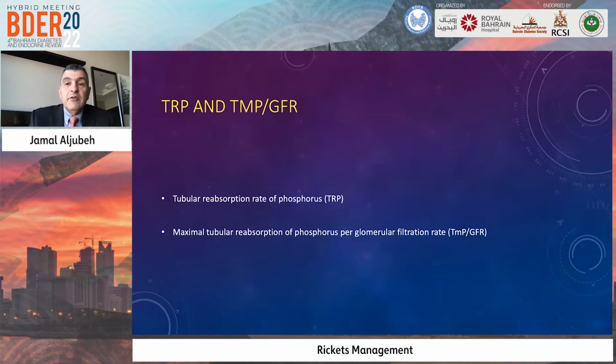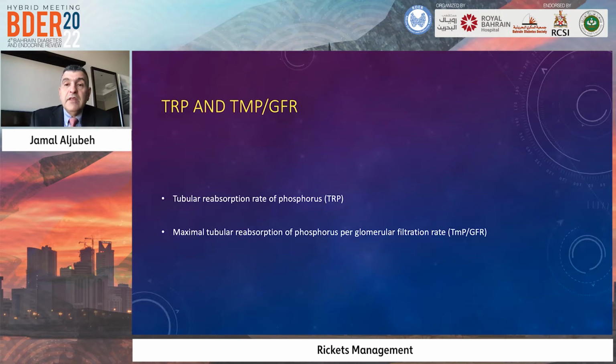When we look at the phosphate, we want to know how much phosphate is excreted in the urine. And as I mentioned before, most conditions of phosphopenic rickets are associated with increased phosphate loss. So the fractional excretion of phosphate in this case is increased, or the fractional reabsorption of phosphate is decreased.